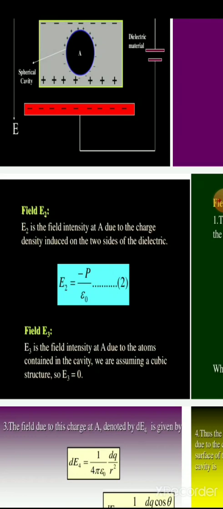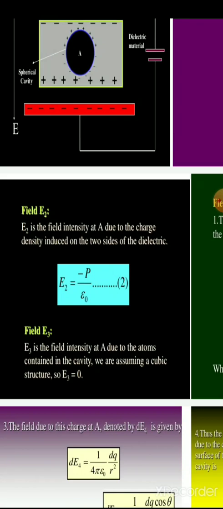E2 is the field intensity at A due to the charge density induced on the two sides of the dielectric. It is having a negative charge. As I have already explained, E3 is due to the symmetrical structure. All sides are equal, so it is taken as 0 and is not considered at all.